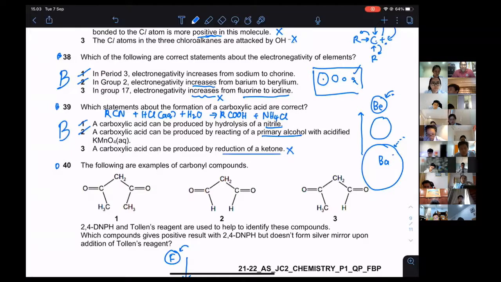40. The following are examples of carbonyl compounds, and they say you use 2,4-DNPH and Tollens' reagent. Identify first. OCH3, CH2, so this is a ketone part. Carbon, this is also a ketone.